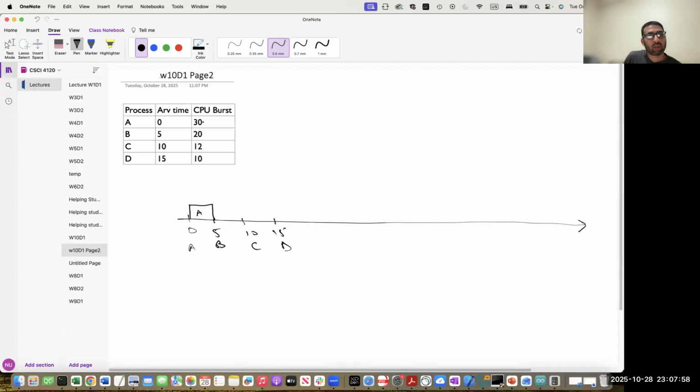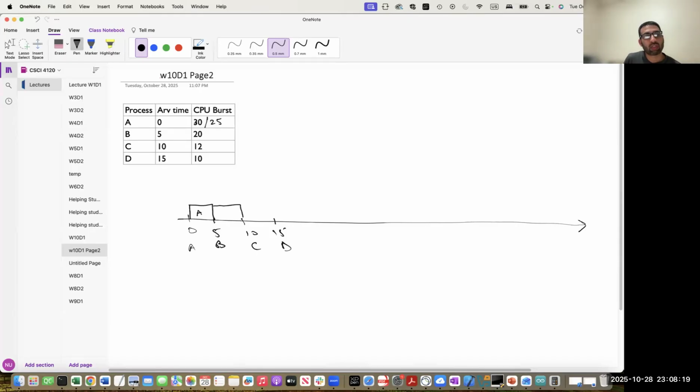And here I will be writing the remaining time. Its remaining burst time is 25. Now at 5, I have two candidates, A and B. B has the smallest burst time, 20, so I allow B to run.